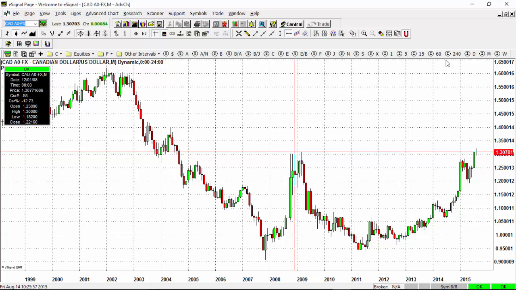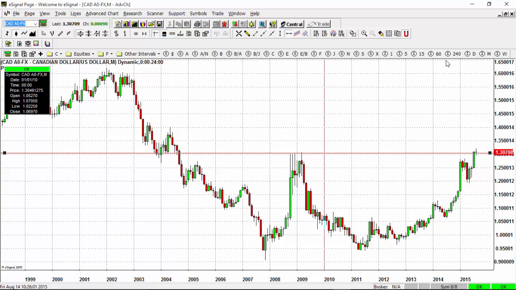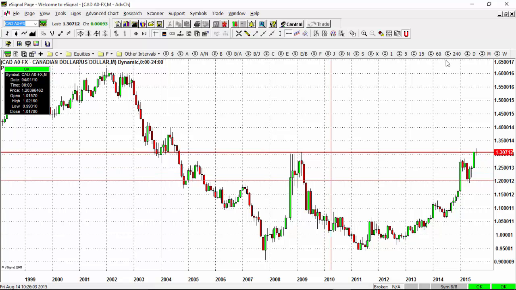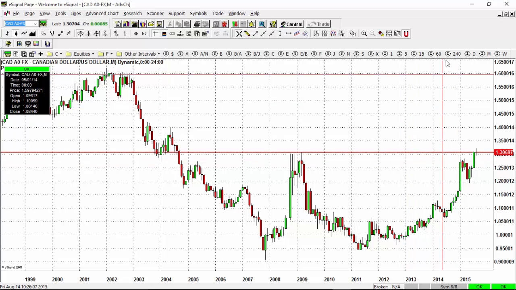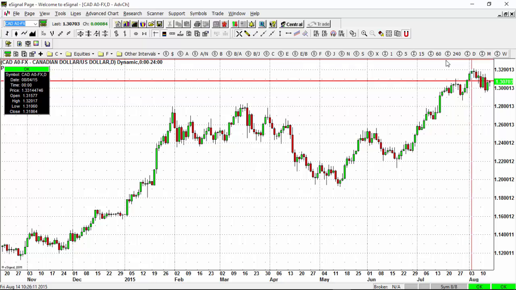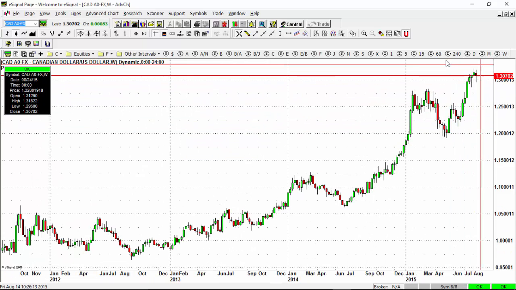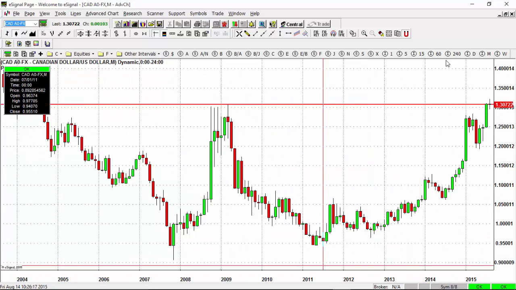And what we're looking for this month in particular is actually where the market closes. If we do close below the resistance level, what we could see is a sell-off in this market. If we close above the resistance level, we could see further gains. So we're looking for the monthly close in the USD versus Canadian dollar.